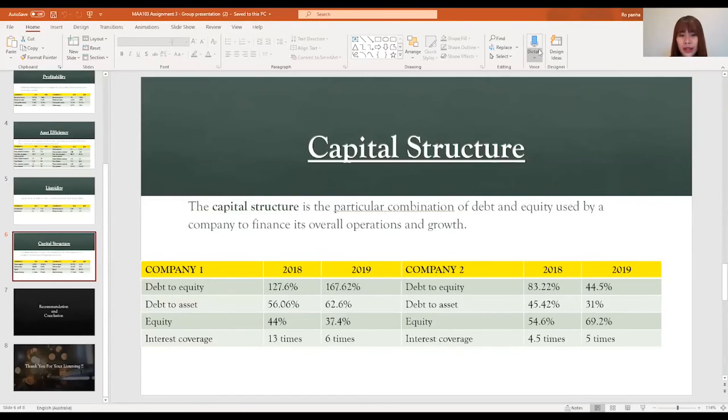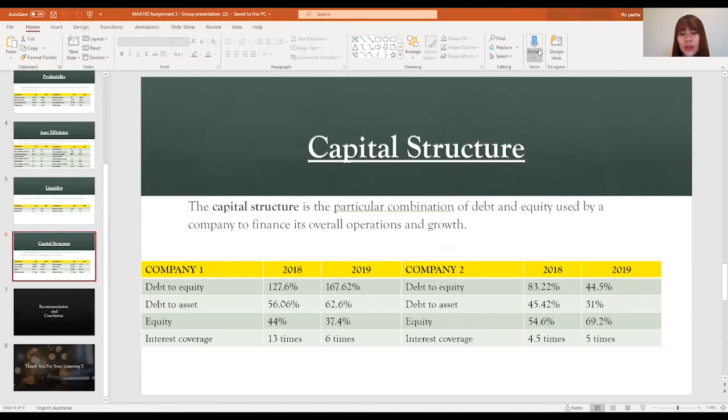Now I'm talking about the debt to equity ratio. For company 2 in 2018, the debt to equity ratio shows 83.22%. This indicates there is 83.22 cents of liability for every dollar of equity.